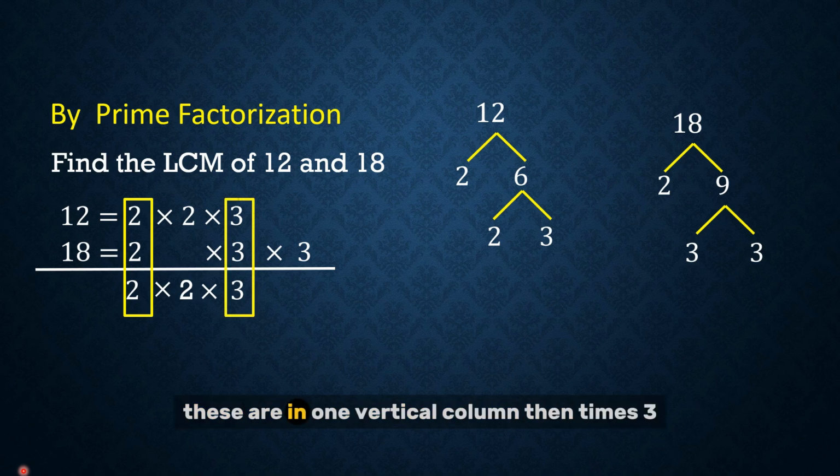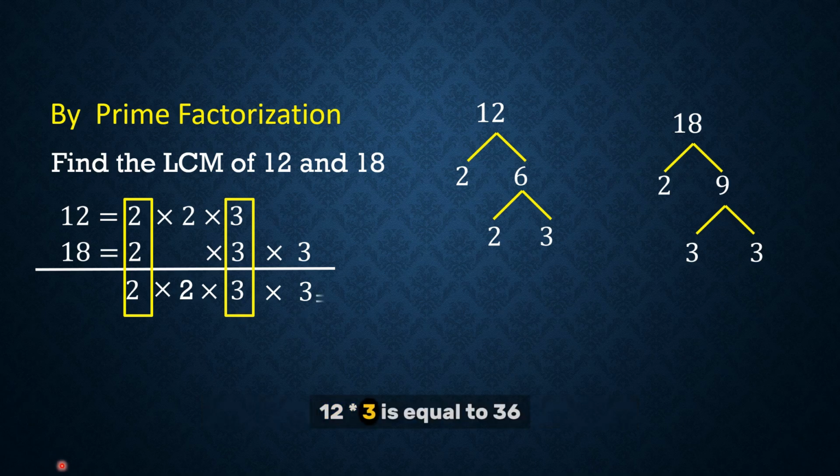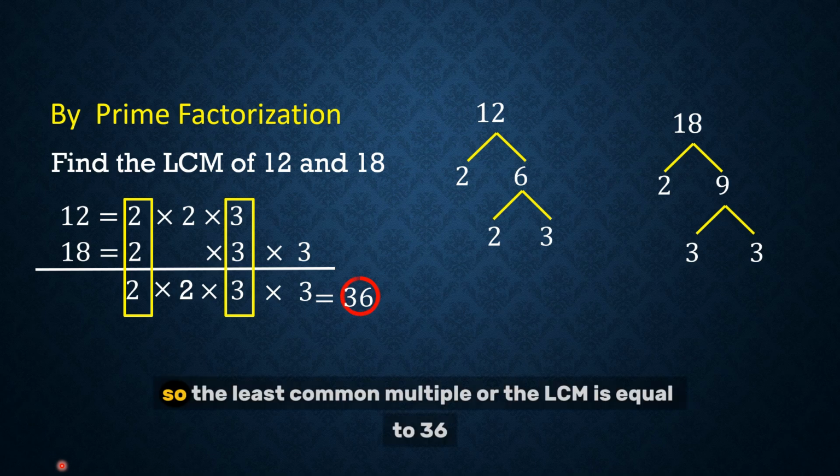These are in one vertical column. Then times 3. Then multiply. 2 times 2 is 4. 4 times 3 is 12. 12 times 3 is equal to 36. So the least common multiple, or the LCM, is equal to 36.